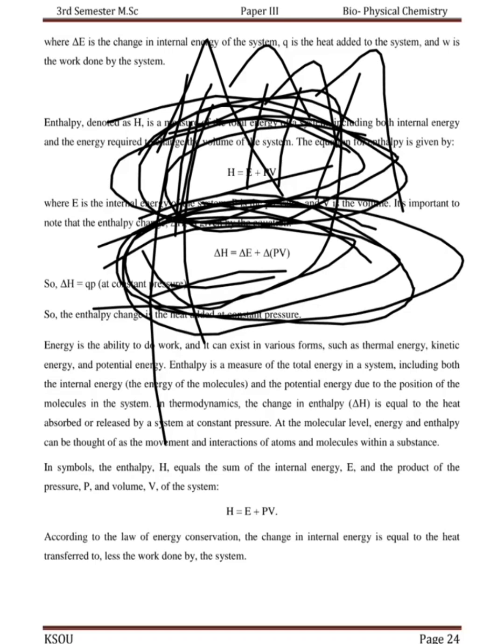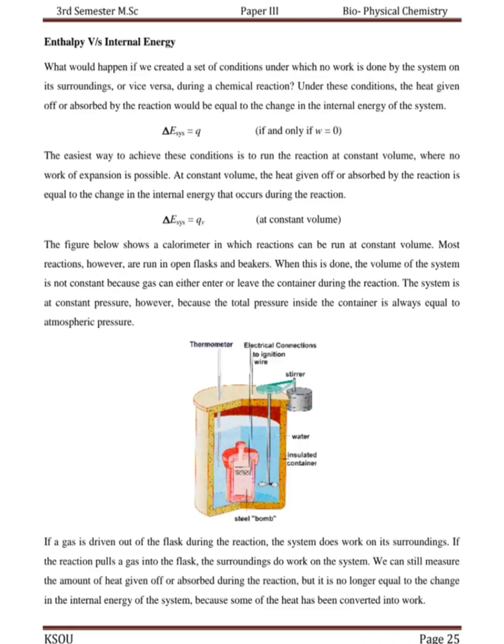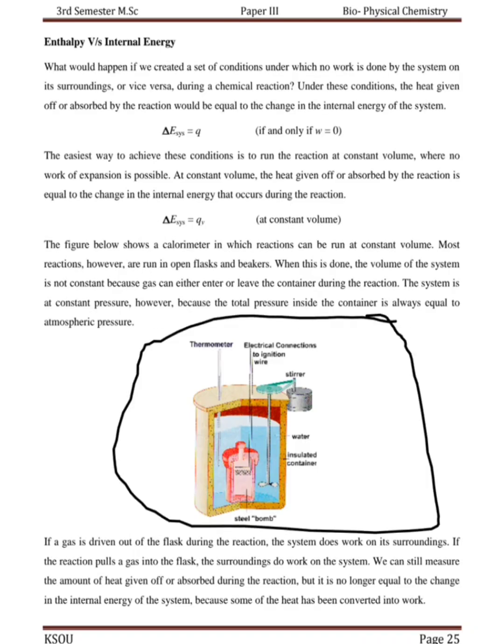So coming to enthalpy versus internal energy. For example, this one we can consider as a system, inside which the reaction is taking place. We have placed a thermometer to determine the temperature. This is an old method with a stirrer to distribute the mixture equally.